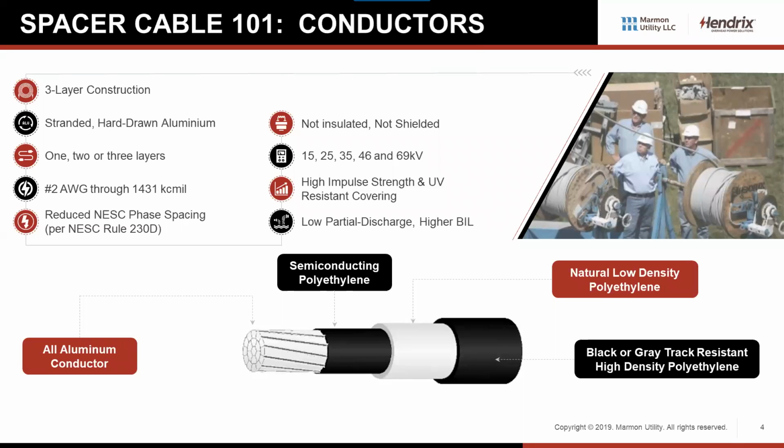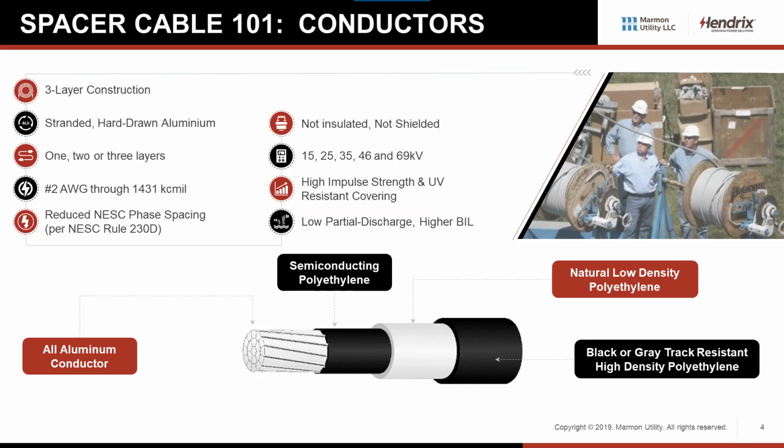One thing you'll notice that's not listed on here, and I probably won't refer to it, I'll refer to it as covered conductor, not insulated conductor. Now, the covering that we have has insulative properties, but this is not considered fully insulated cable. It's not shielded. It's not insulated. It's what they call a dielectric covering. So what this does is it allows us to put it relatively close together.